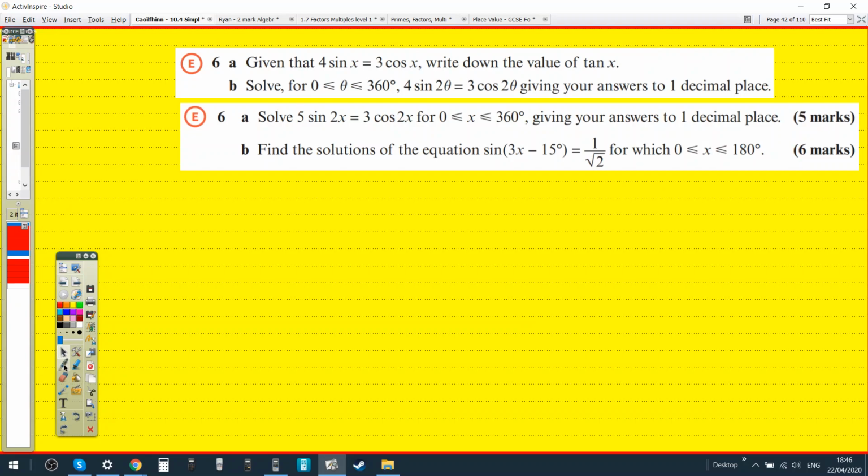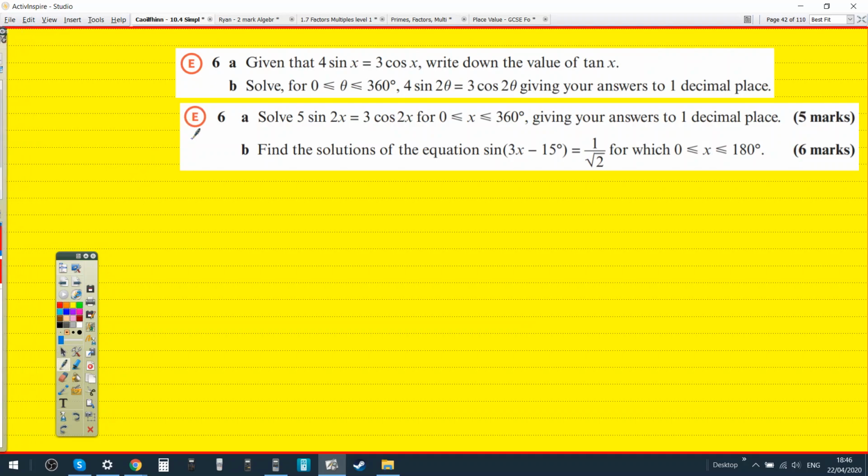So, first we let 2x equal a. So we have 5 sine a equals 3 cos a. And then I think we want to get tan again, so divide both sides by cos a.